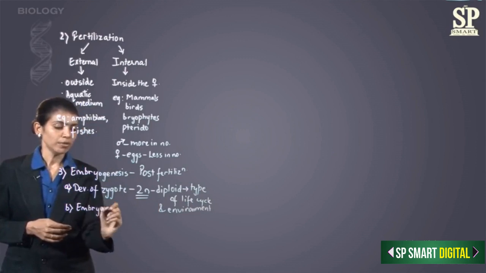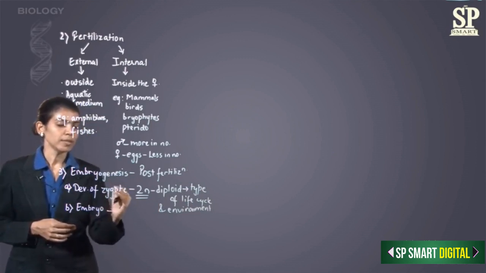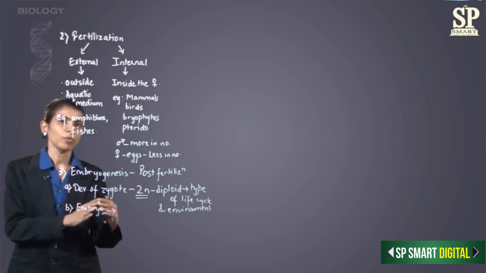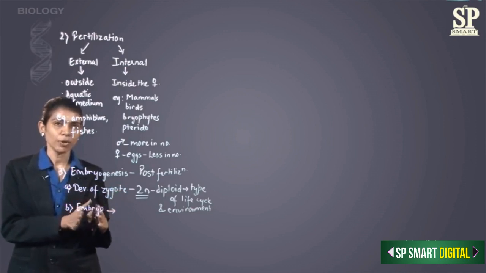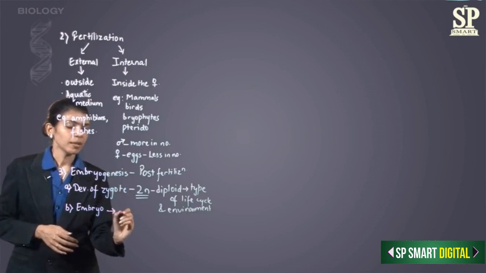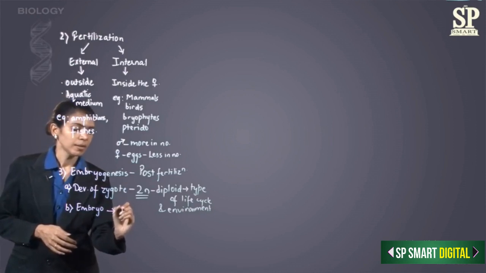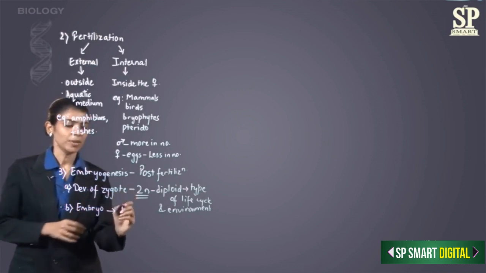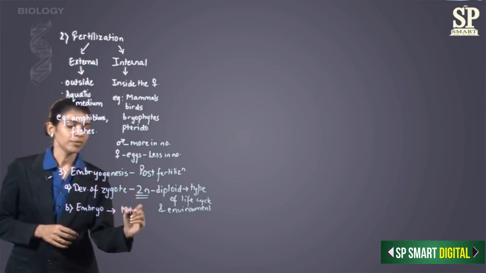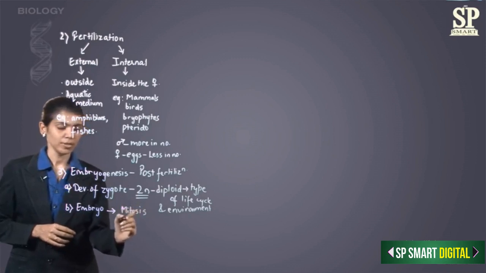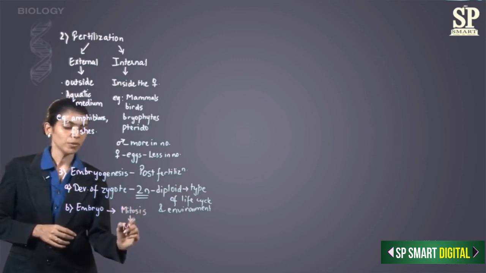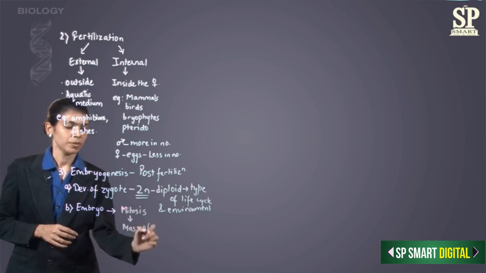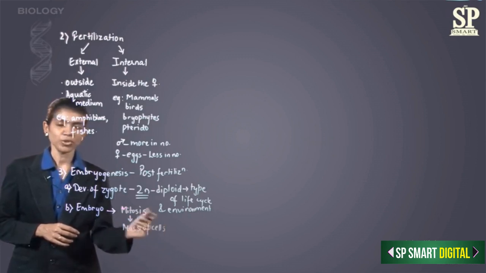For development of the embryo, once the zygote multiplies, forms many cells, and the embryo starts forming, the zygote undergoes mitosis. So a mass of cells is formed. This is embryogenesis.